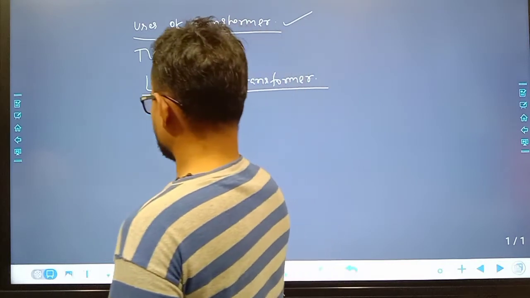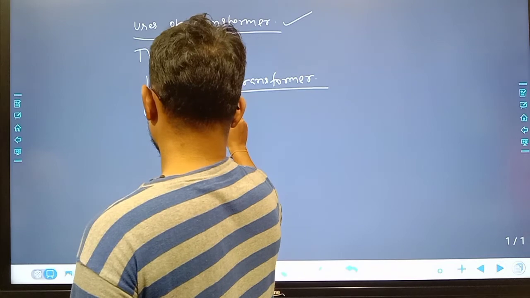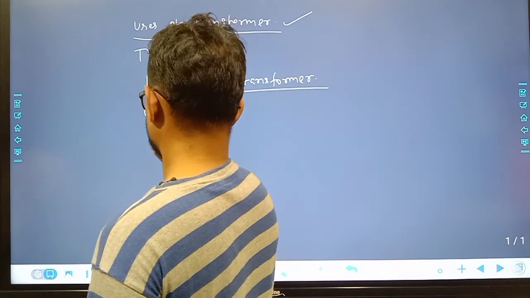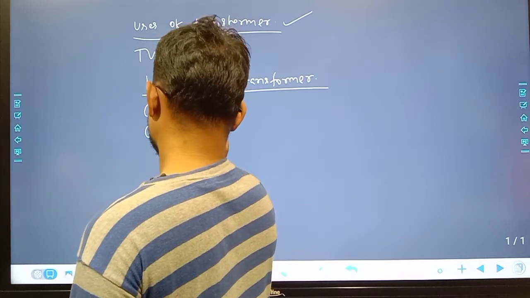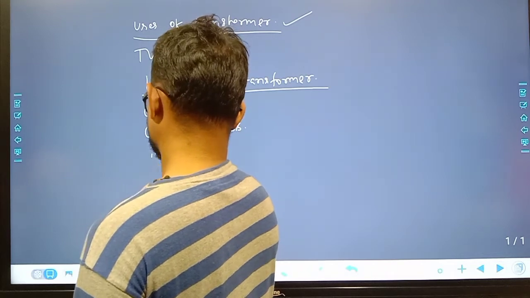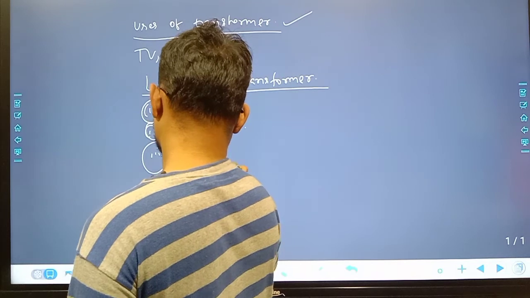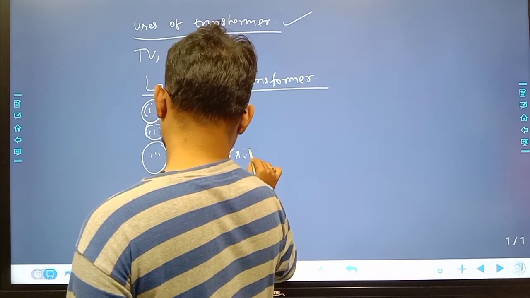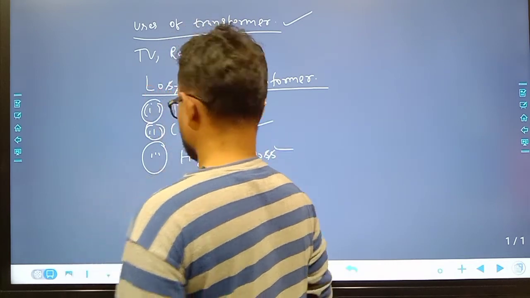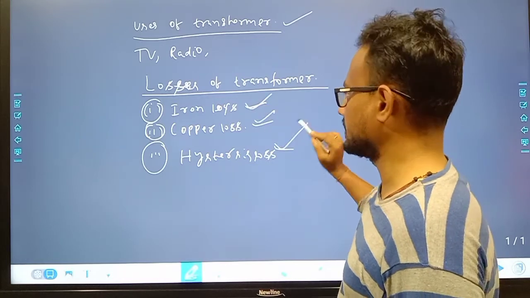So some losses you have to remember: iron loss, copper loss, hysteresis loss. So these losses are due to the transformer. You have to remember: iron loss, copper loss, and hysteresis loss.